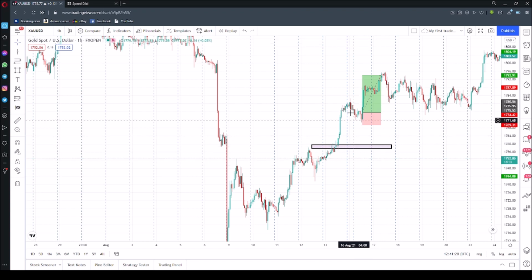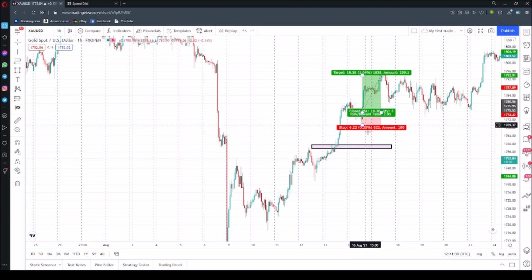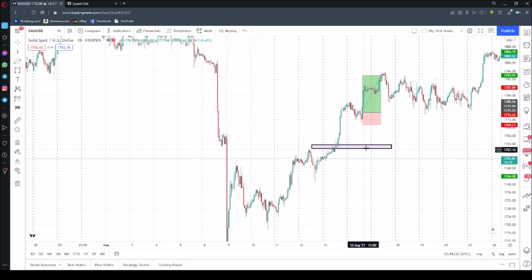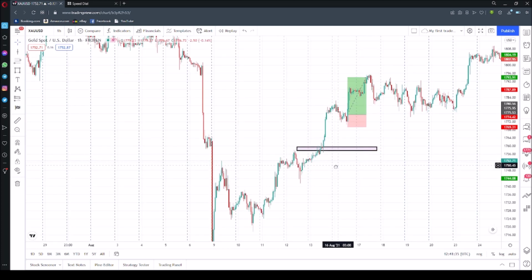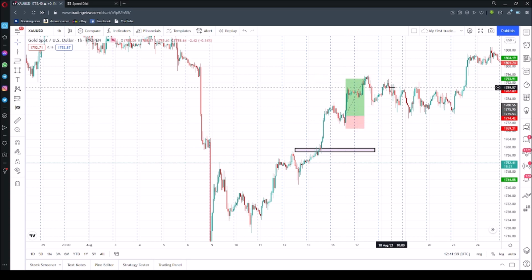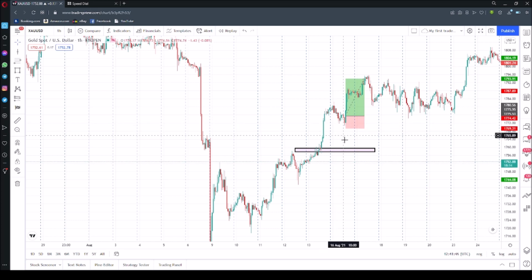But as you can see, the market did not retrace back to this point and actually took off right where it was. So this is the point where I was saying that it actually occurs in the markets whereby the market will not come back to the zone that we expect to see it reversing.